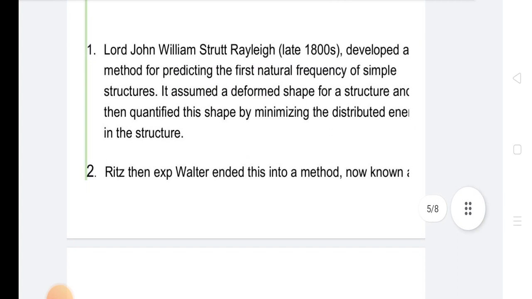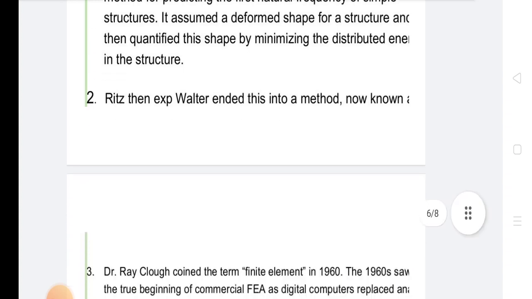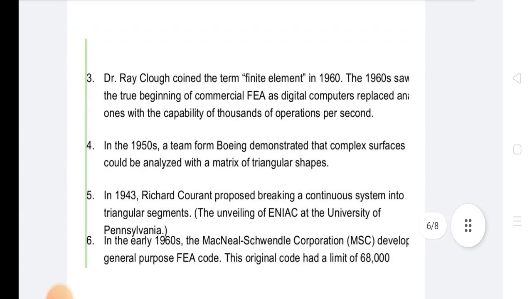Lord John William Rayleigh developed a method for predicting the first natural frequency of simple structures. It assumes a deformed shape of a structure and then quantifies this shape by minimizing the distributed energy in the structure. Dr. Ray Clough coined the term finite element in the 1960s.